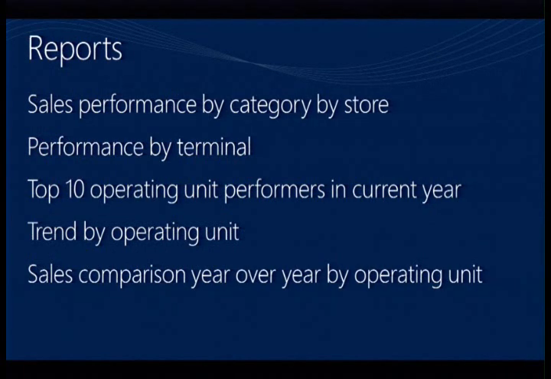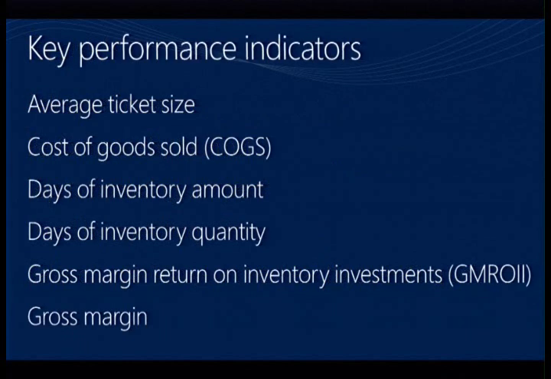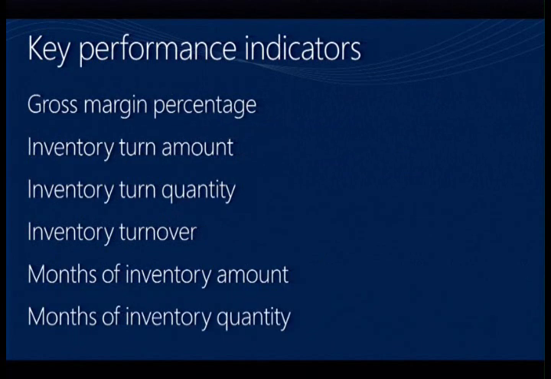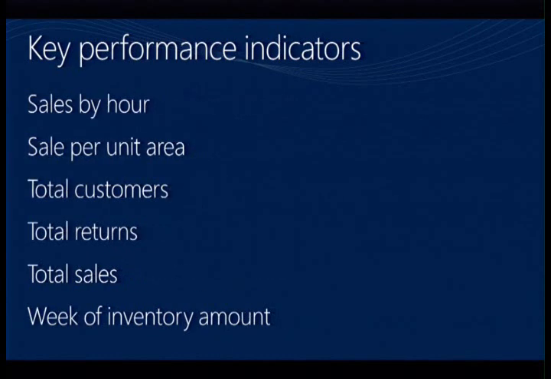Which one's more interesting? KPIs. There's one KPI besides this: cost of goods sold, inventory amount, quantity, gross margin. We also have the square footage, sales by hour. Yeah, this one: sales per unit area.